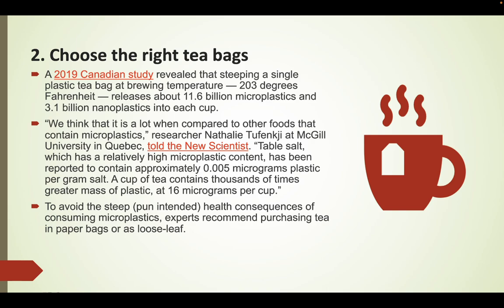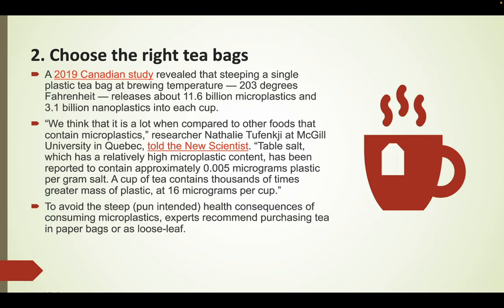Another thing you can do is choose the right tea bags. If you drink tea, steeping it with non-plastic tea bags is going to be much more helpful for you. Plastic tea bags at brewing temperature, 203 degrees Fahrenheit, release about 11.6 billion microplastics and 3.1 billion nanoplastics into each cup of tea.